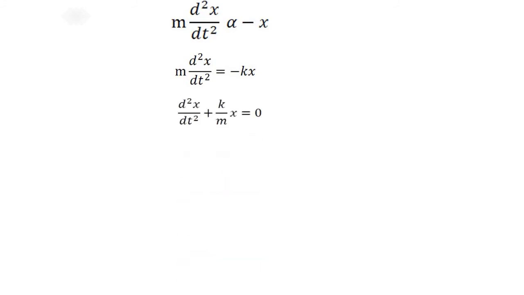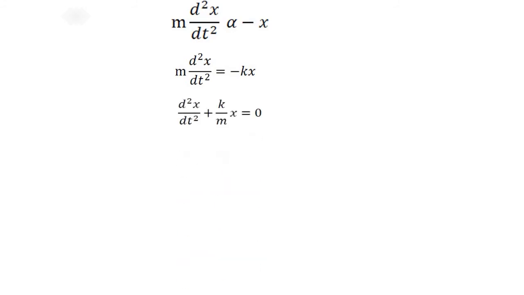We know that F equals mass into acceleration, that is m d squared x by dt squared, which is proportional to minus x. Replacing the proportionality constant, we get m d squared x by dt squared equals minus kx, where k is the proportionality constant.